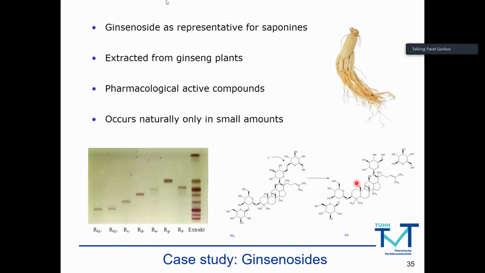The system we worked with is actually from the ginger plant, because we were contracted by a company which worked with various compounds of that class. They're quite interesting. Their biological activity is different and depends on how many glucose units you have.